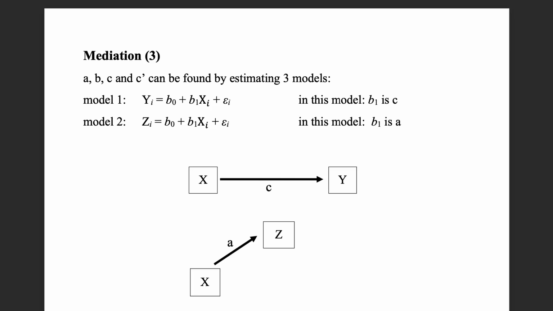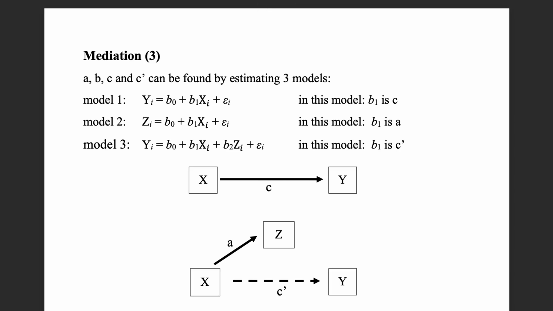We're going to estimate a regression model for that, and we're going to take our independent X variable as an X variable in that model, because then we know this model estimates the relationship between X and Z. It tells us what the effect is of X on our mediator variable. So the regression coefficient B1 in this model is going to tell us what the A path is, so what the effect of X on Z is.